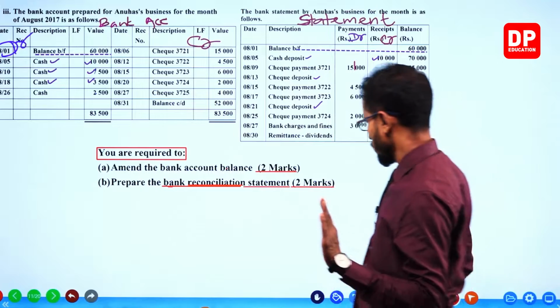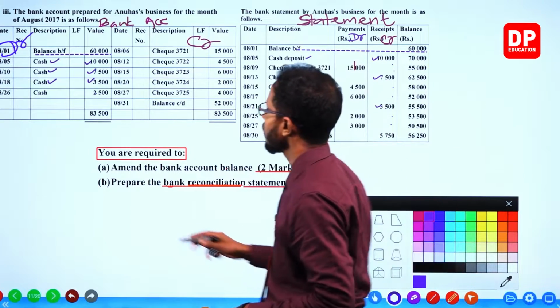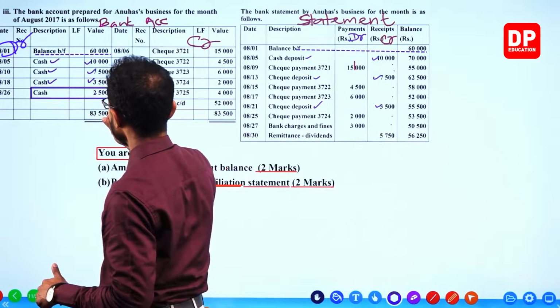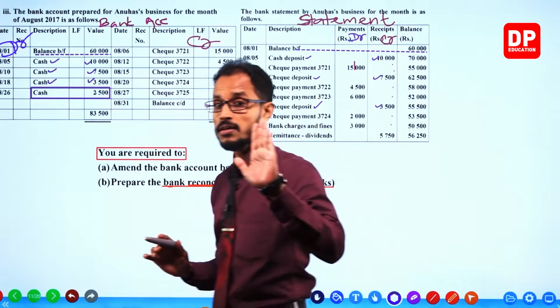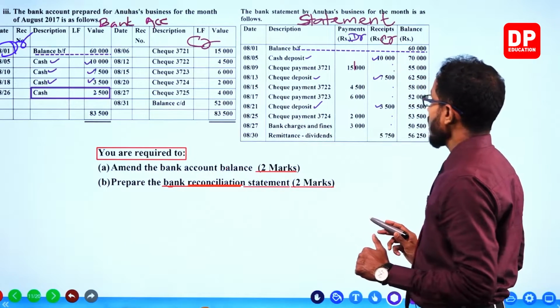So what we are going to do is mark this amount, keep it marked in our bank account.